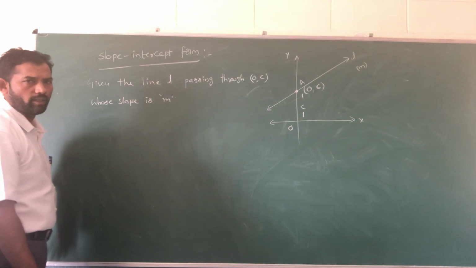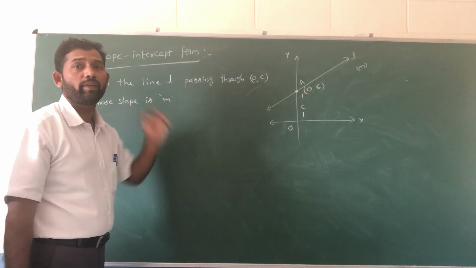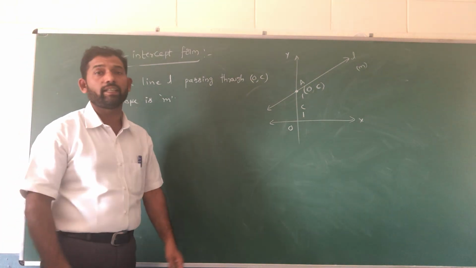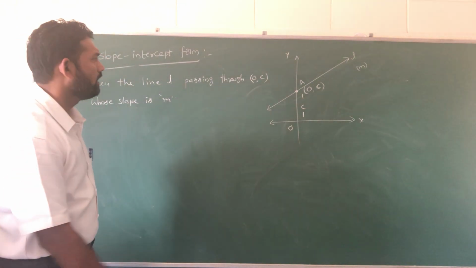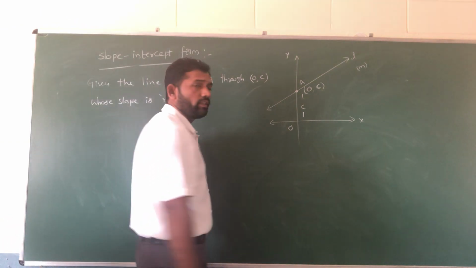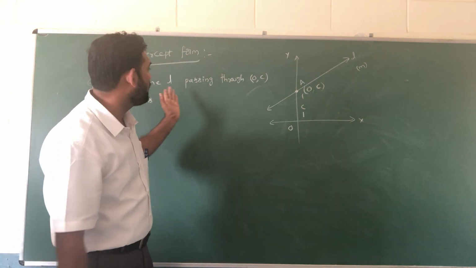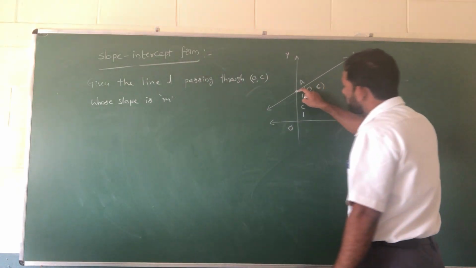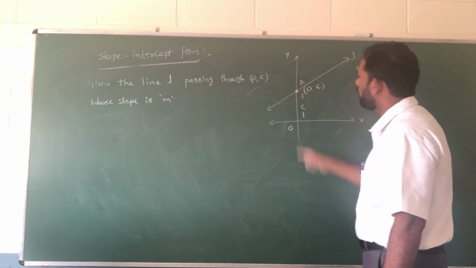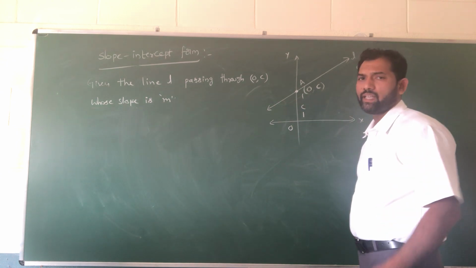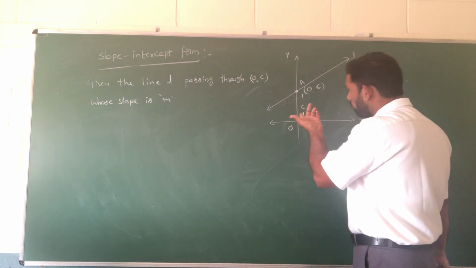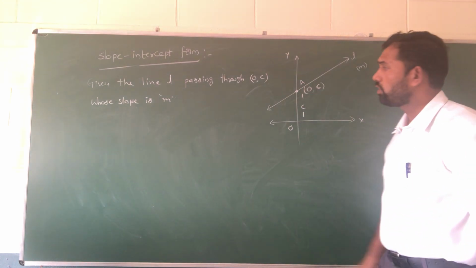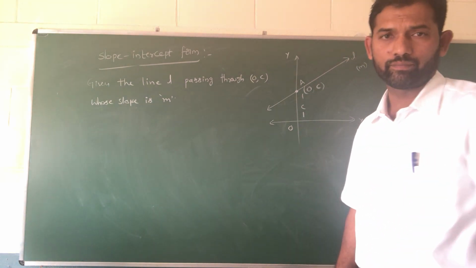Passing means it cuts at c units distance. So at c units distance means we create a sentence like that. Here, what is the point where it cuts at c units distance? It is (0, c). On the y-axis the x coordinate is 0, so we are taking (0, c). That is our assumption.